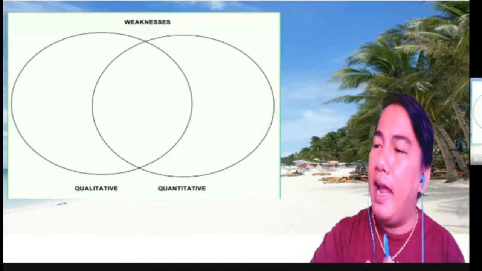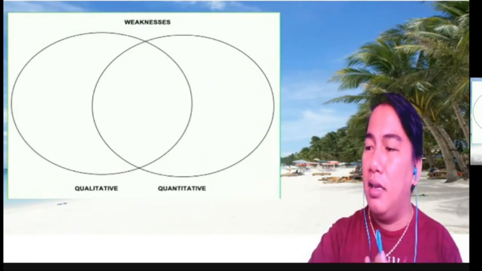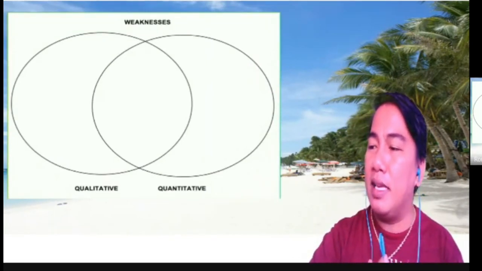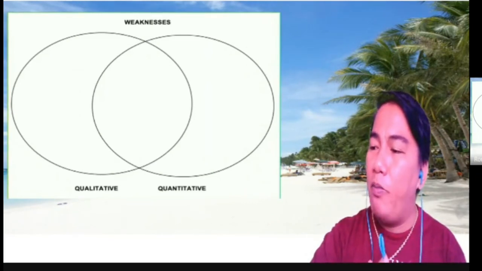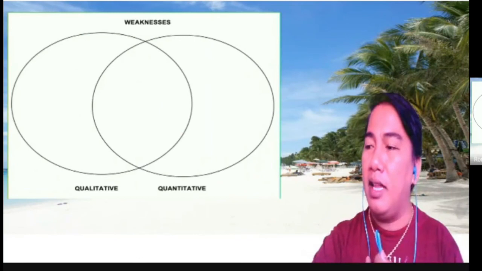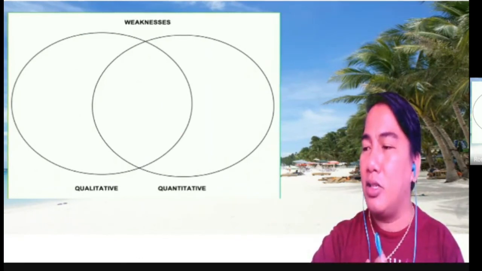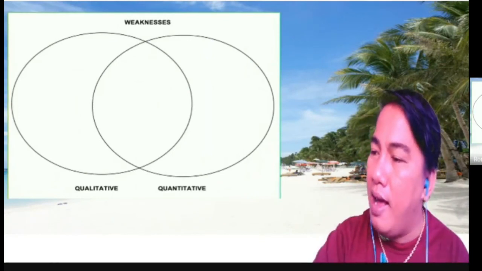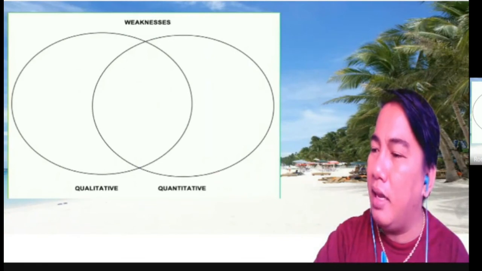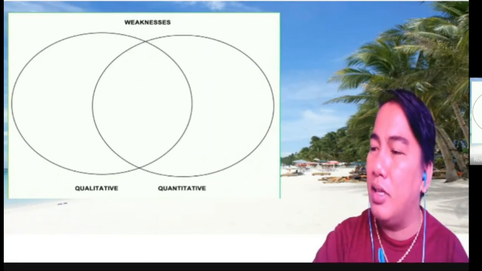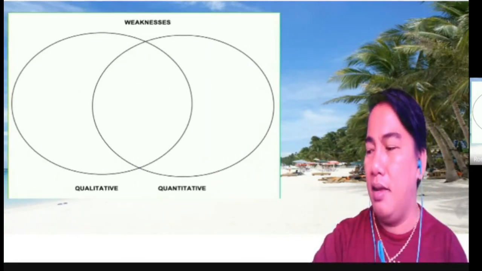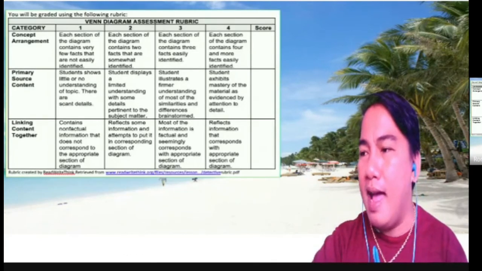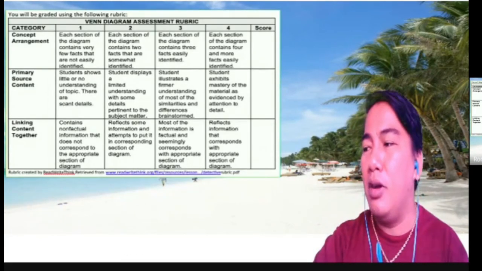And then, weaknesses, 5 weaknesses here on the left for the qualitative, and on the right, 5 weaknesses for the quantitative, and on the center, what are their similarities. Kung ano yung nagkaparehas sa side na to, at ano yung sa side din na ito, yun lang ang isusulat dito sa gitna. Okay? And with that, we're going to have our assessment rubric with that.